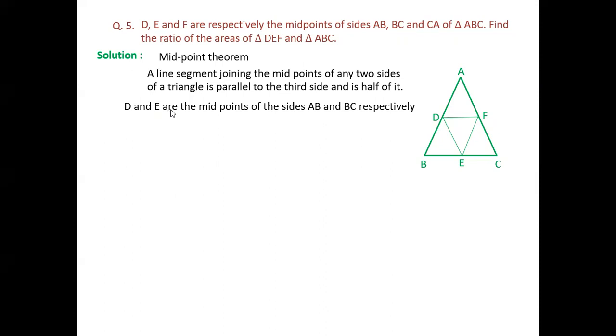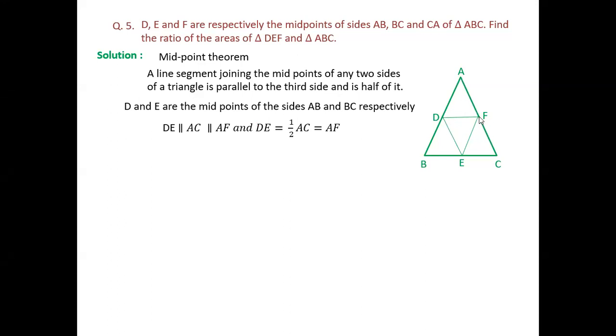That means D and E are the midpoints of the sides AB and BC. D is the midpoint of AB and E is the midpoint of BC respectively. So DE is parallel to AC. If DE is parallel to AC, it is also parallel to AF because AF is a part of AC. So DE is parallel to AF and DE is equal to half of AC.